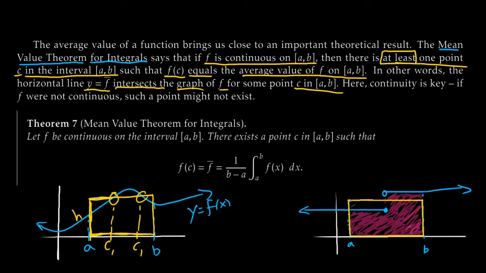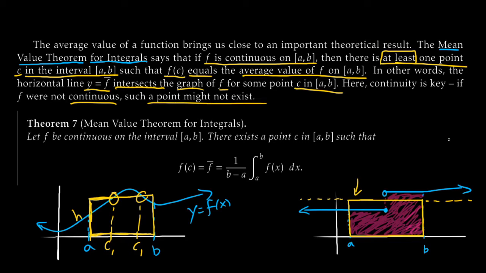I mean, this line here, right there, this line doesn't ever match up with those blue lines. It never crosses them. This function here, the function graphed in blue, isn't continuous. It's got a big old jump discontinuity, and it violates the mean value theorem for integrals. So continuity is super important. Otherwise, such a point might not exist.